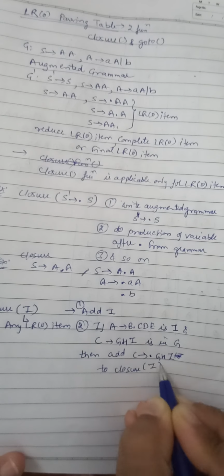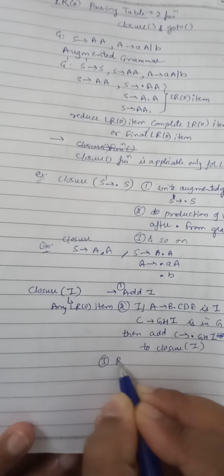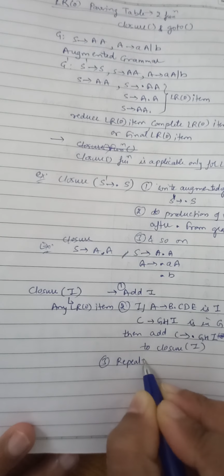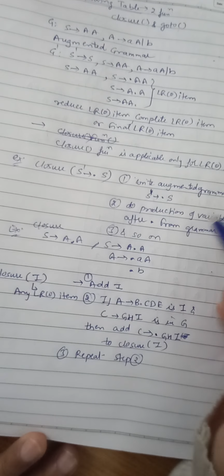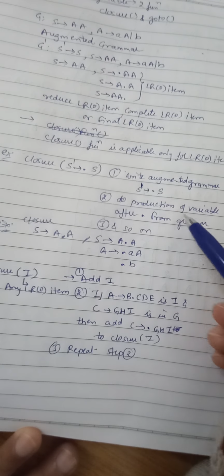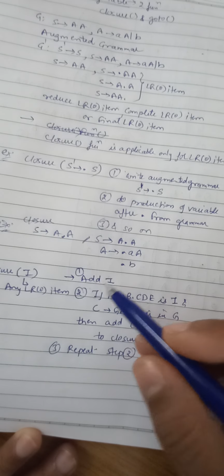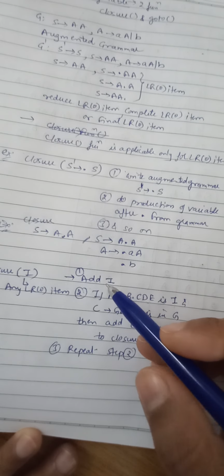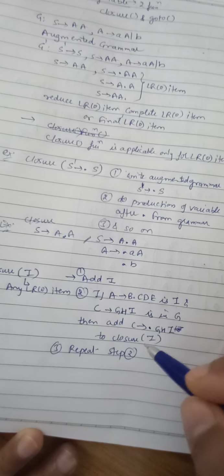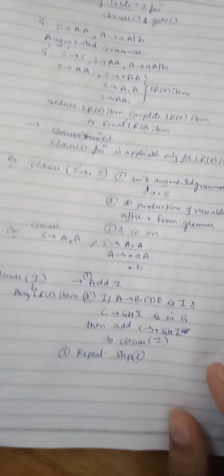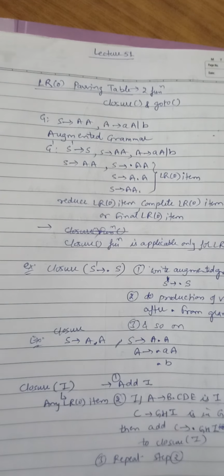The third step is to repeat step 2: add I, whatever the LR0 item is, put the dot accordingly, and repeat. This is how we can calculate the closure of an LR0 item.